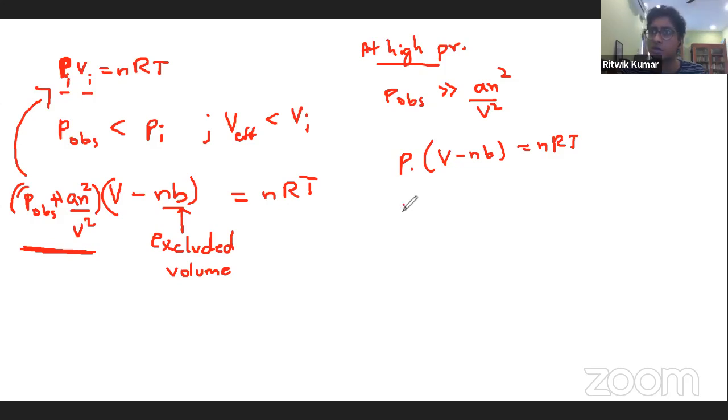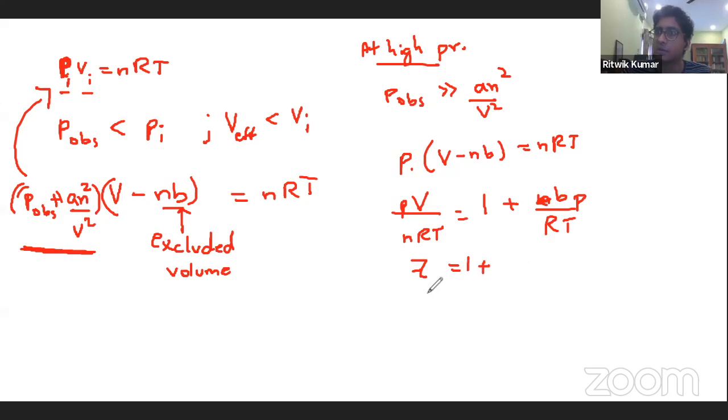When you rearrange this, you'll get PV by nRT is equal to 1 plus bP by RT, right? So what does it mean? This is Z. Z is equal to 1 plus something, meaning Z is greater than 1, which means positive deviation. So at high pressures, we will get Z greater than 1, positive deviation. As we have seen in the graphs previously, at high pressure, we saw positive deviation for almost all molecules.